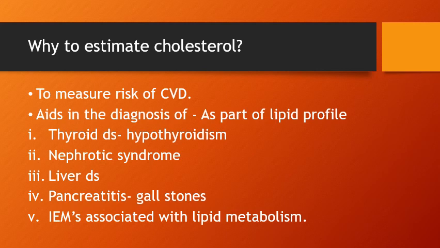It is also useful in nephrotic syndrome, certain liver diseases, pancreatitis, gallstones, that is stones in the gallbladder, and some inborn errors of metabolism associated with lipid metabolism like hyperlipoproteinemias. So estimation of serum cholesterol plays an important role in the diagnosis of all these disorders.